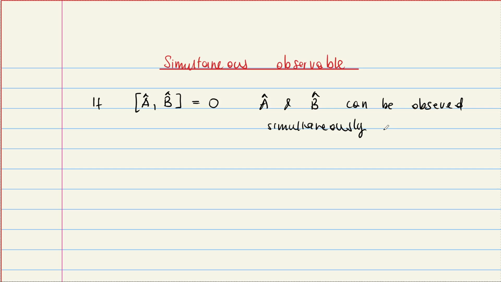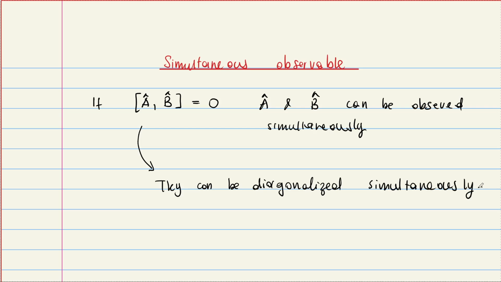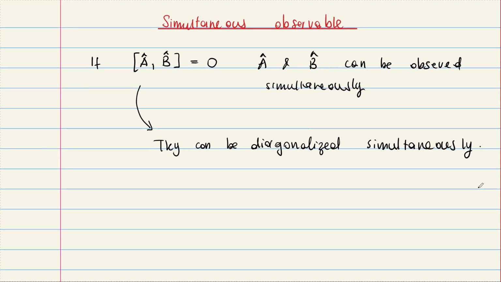Another way to say this: in a measurement we find the eigenvalues and eigenfunctions. So another way to say this is that we diagonalize an operator, right? And if A and B can be observed simultaneously, or if the commutator [A, B] is 0, another way to say this is they can be diagonalized simultaneously. Or another way to say the same thing is they have the same eigenbasis.